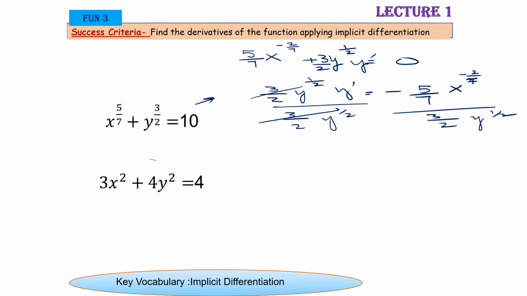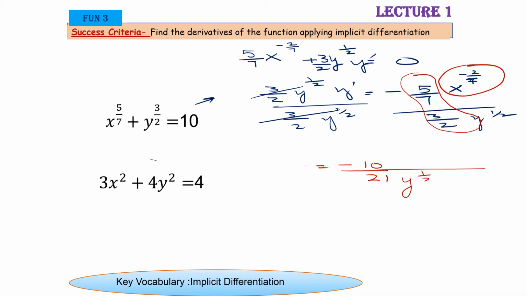Now here we have x to the power negative 2 by 7, which is a negative power. So first of all, simplify. Negative 5 by 7 divided by 3 by 2, you will get negative 10 over 21, and y to the power half keep on the same side, but bring the x to the power negative 2 by 7 in the denominator to convert the power into a positive sign.